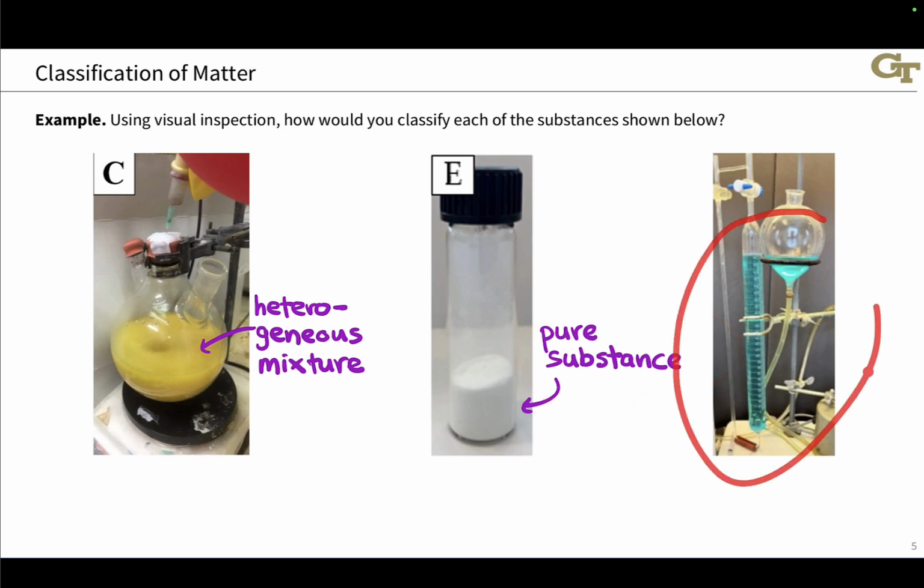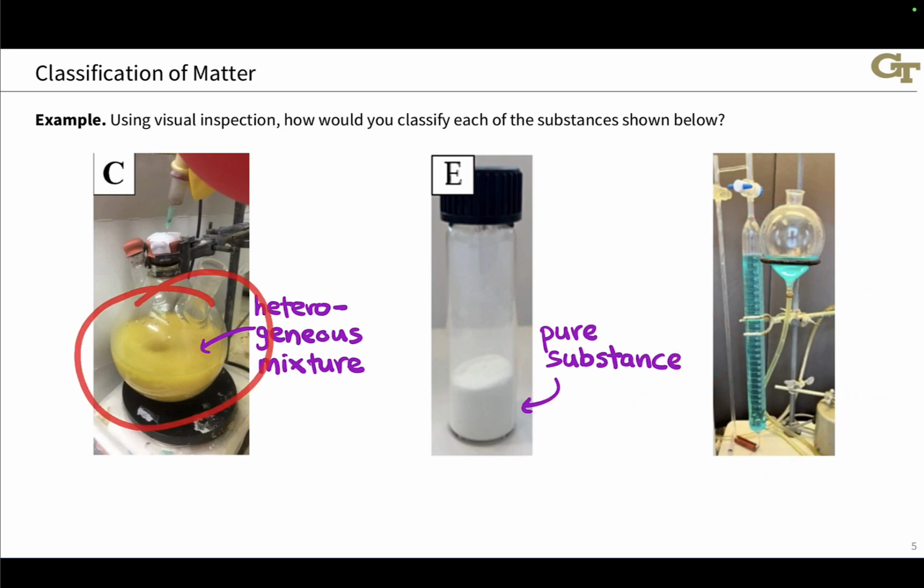Now, this liquid here on the right is qualitatively different from the liquid on the left in that it looks transparent. We can see through it to some degree. Yes, it's blue, but everywhere we look, we have that same transparent appearance. It looks homogeneous. So this is a homogeneous mixture, also known as a solution.